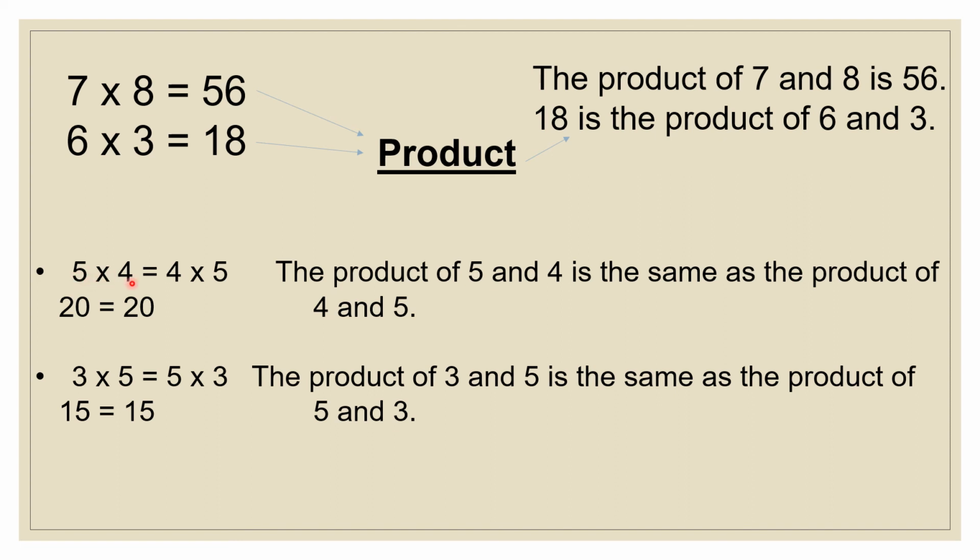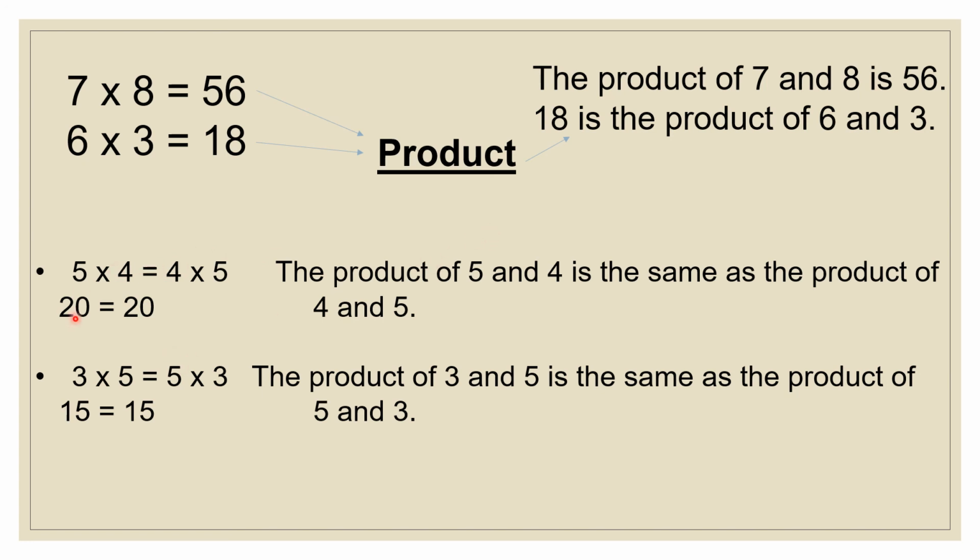First I wrote 5 into 4. And here I changed the order. I first multiplied 4 with 5. The answer remains the same. Either you write 3 multiplied by 5 or 5 multiplied by 3, your answer is the same. So you may change the order of the numbers. The answer would be the same.